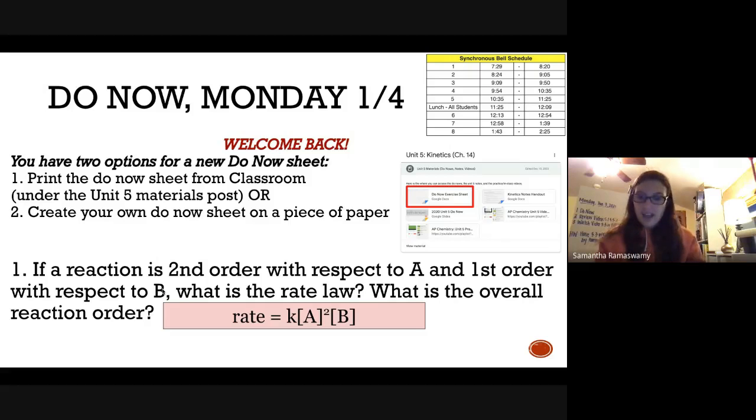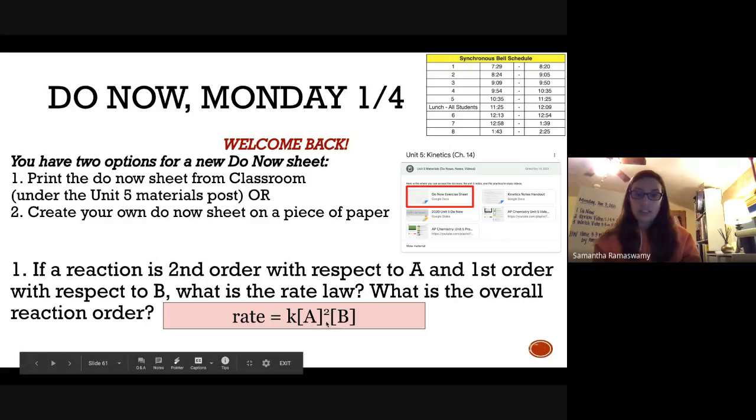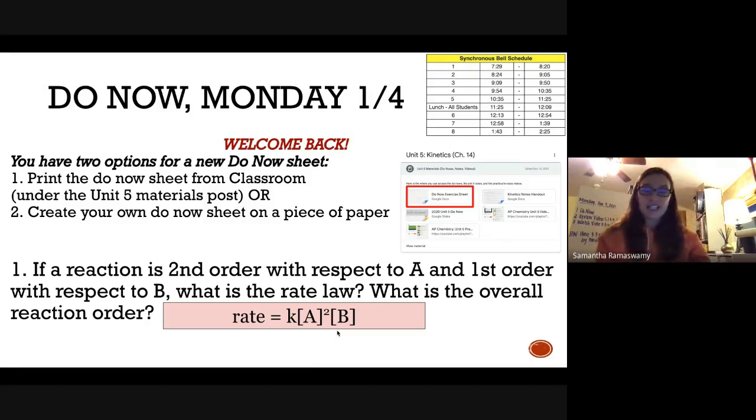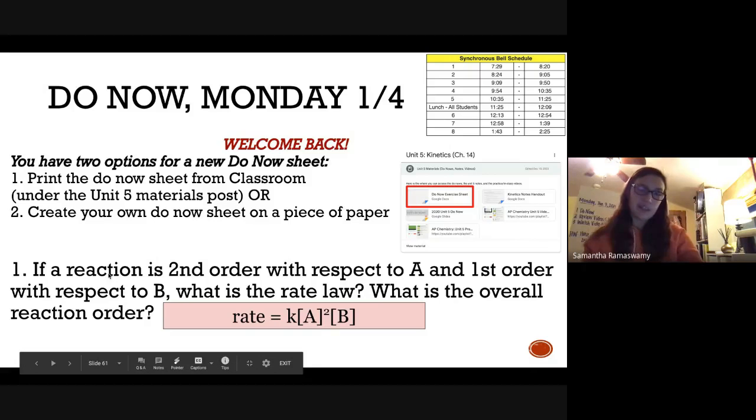Rate equals k times the concentration of A squared times the concentration of B. Remember that rate laws only include reactants. Maybe we had another reactant C, but if they don't give us the order, that means it's zero order and it doesn't appear in the rate law. So your exponents are the orders.